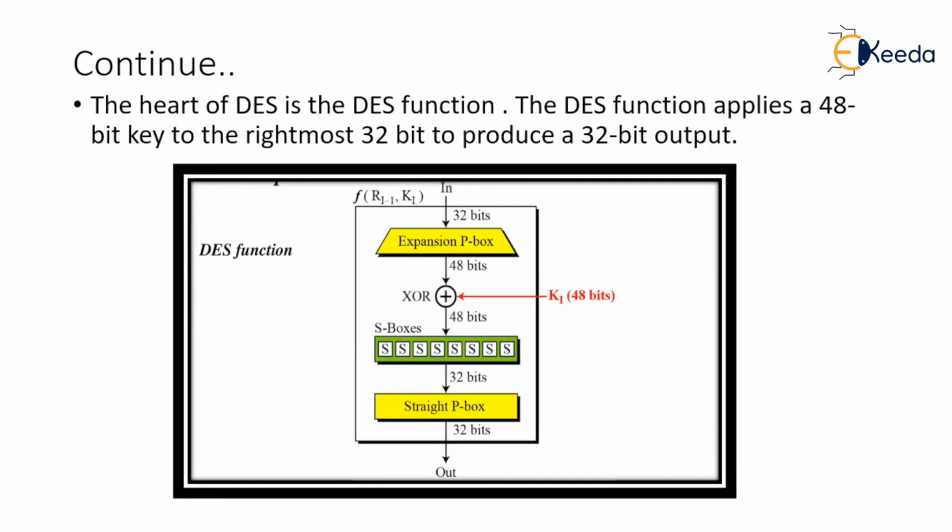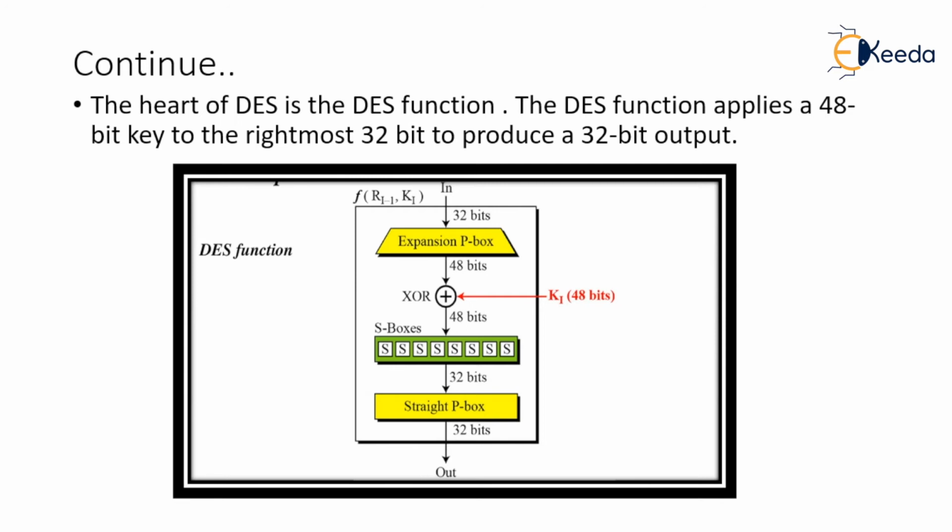The heart of DES is the DES function, wherein we are using the 48-bit key. The DES function applies the 48-bit key to the right half to produce a 32-bit output. In the previous figure, we saw the two halves, left and right, and the right half undergoes the process of substitution to produce a 32-bit output.